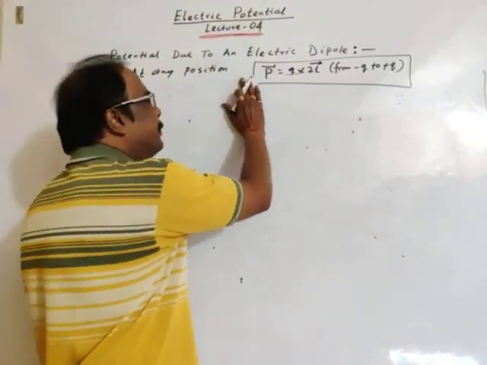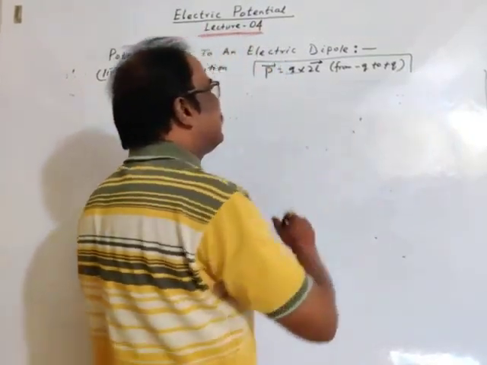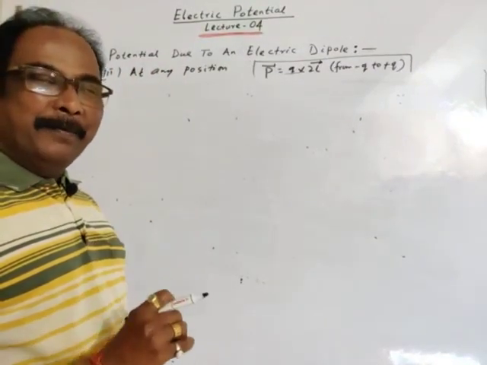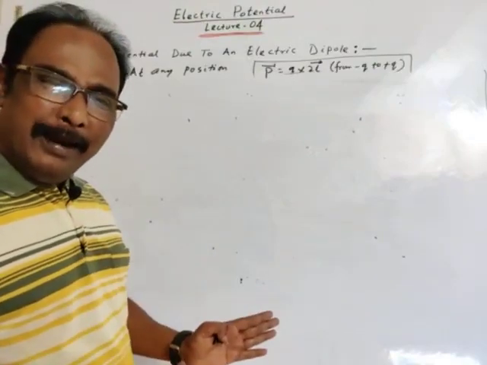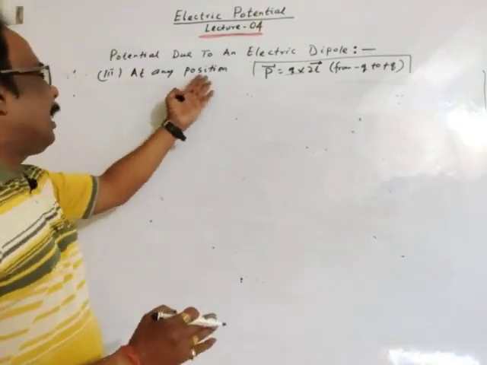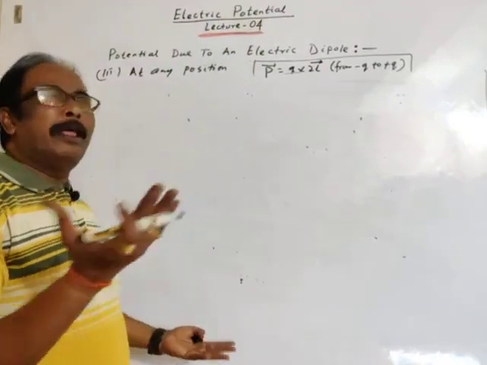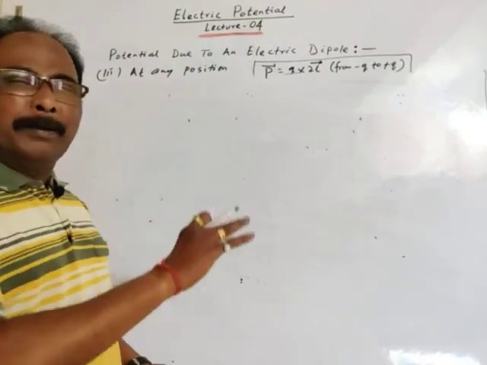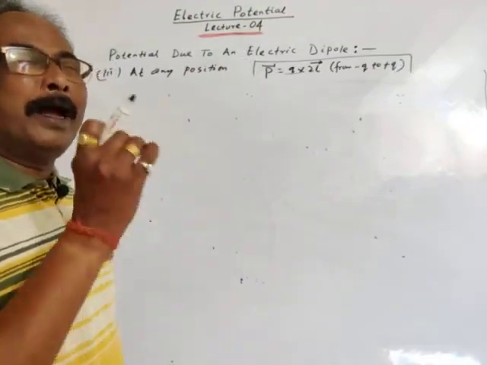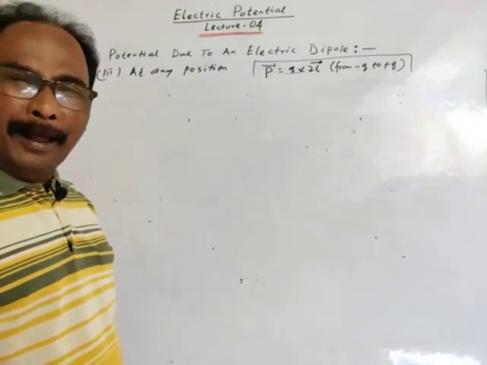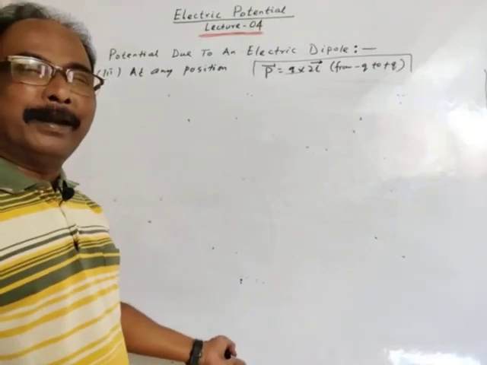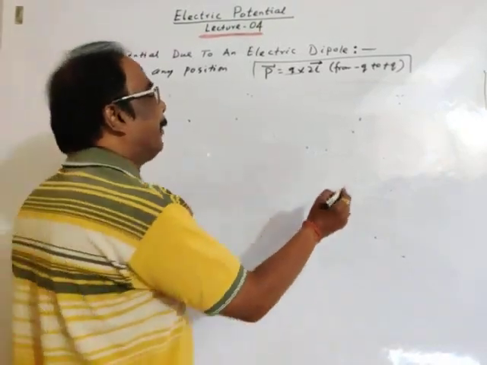We have found the expression for potential due to a dipole at any point on the axial line, and then at any point on the equatorial line. Now at any position means at any point. The point may not be on the axial line, or on the equatorial line. The point is neither on the axial line nor on the equatorial line. It's any point.